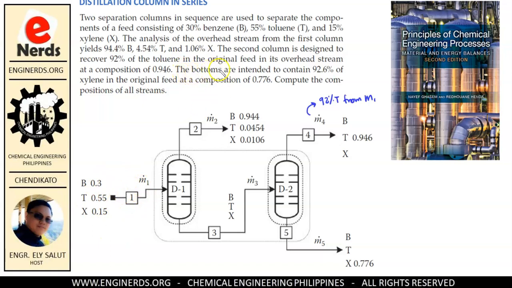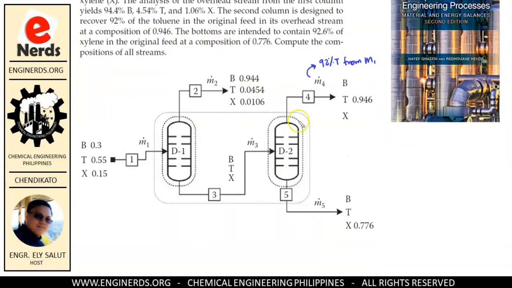Now, the bottoms are intended to contain 92.6% of xylene in the original feed. Okay, so in our bottom, M5, this is also designed or intended to contain 92.6% of xylene from M1.